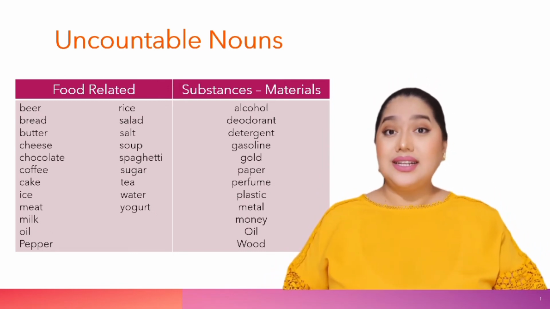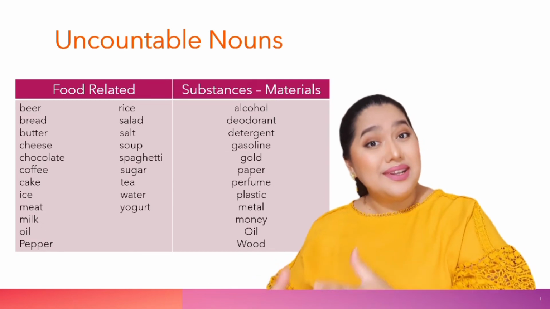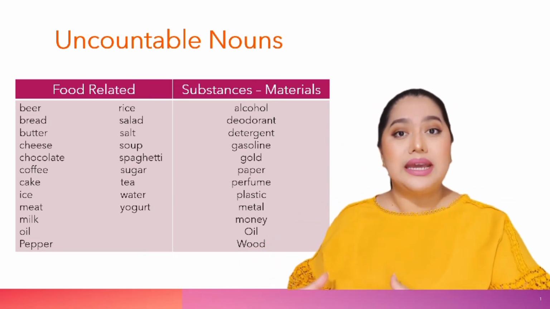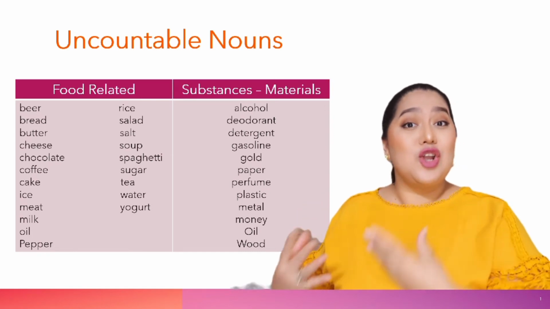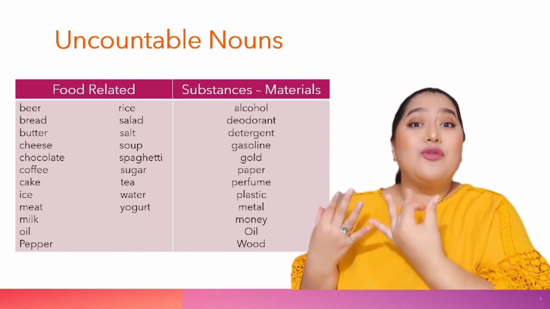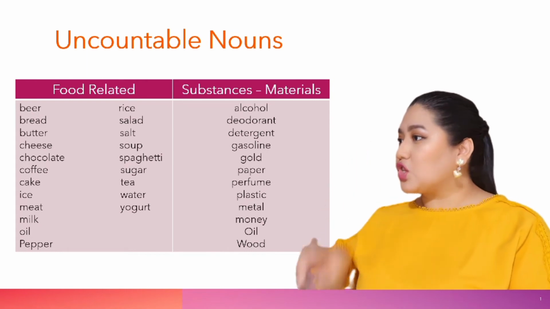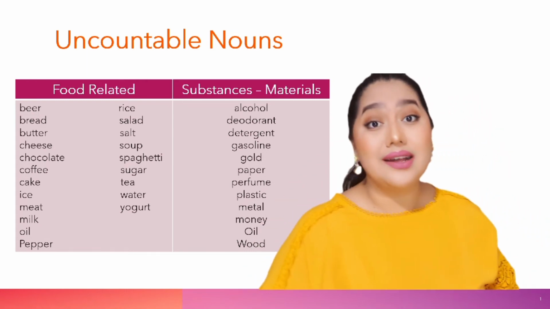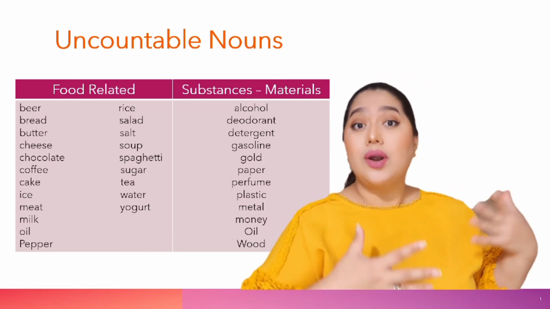So until now, we have learned about countable and uncountable nouns. Remember, countable nouns, it means we can count them using numbers, yes? Using our fingers. 1 person, 2 people, 3 people, 5 people. Or uncountable nouns. We can't use our fingers or numbers to count them.